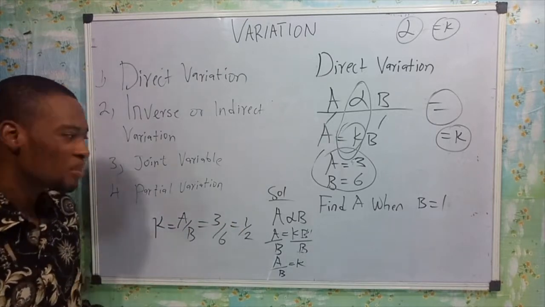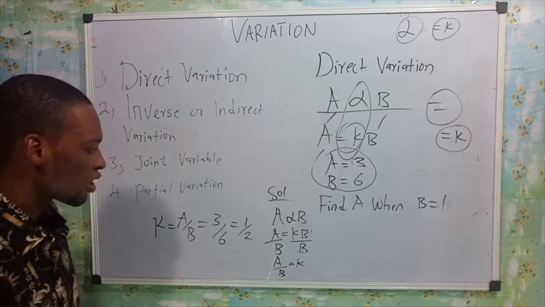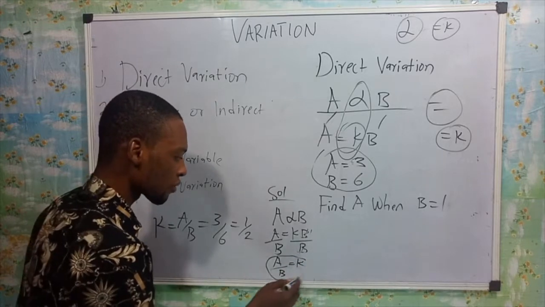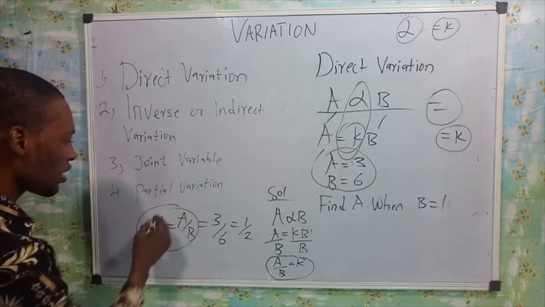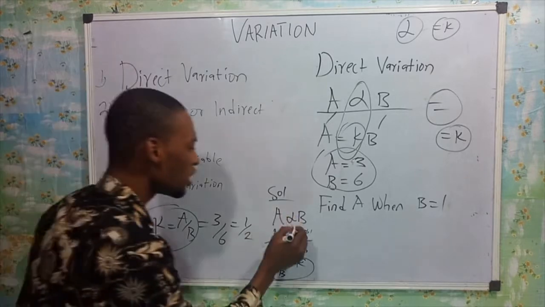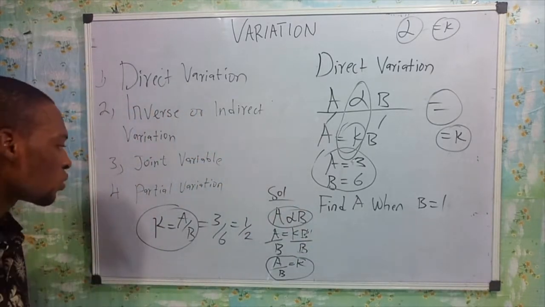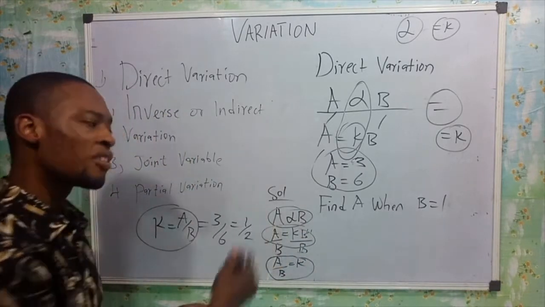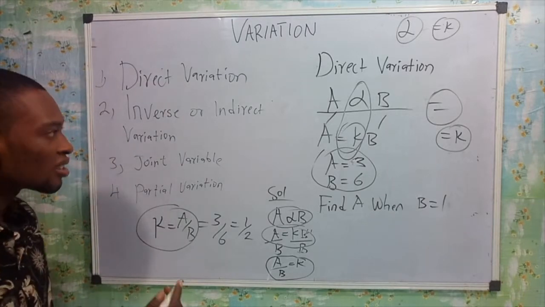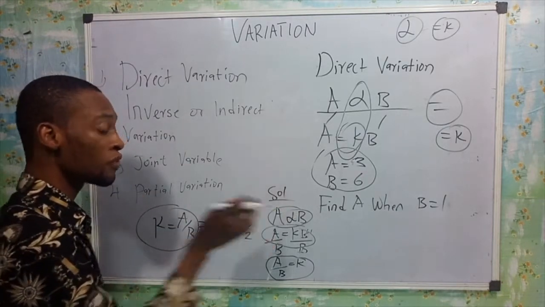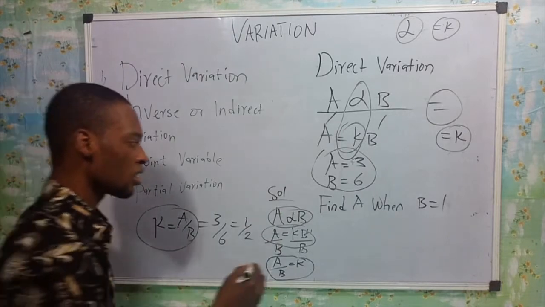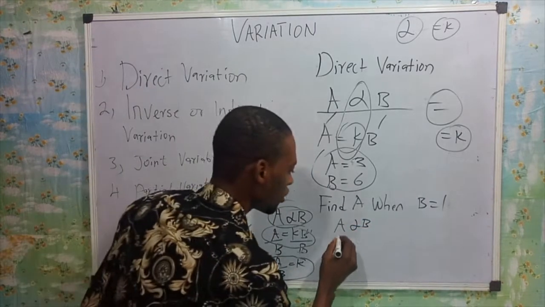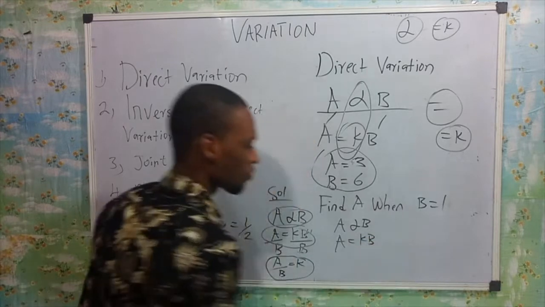What to do is very simple. Let's bring back our equation, the first expression, which says A is proportional to B, and like I told you, A equals KB.